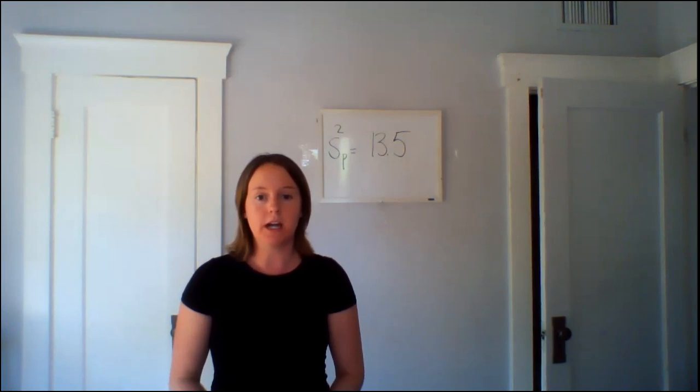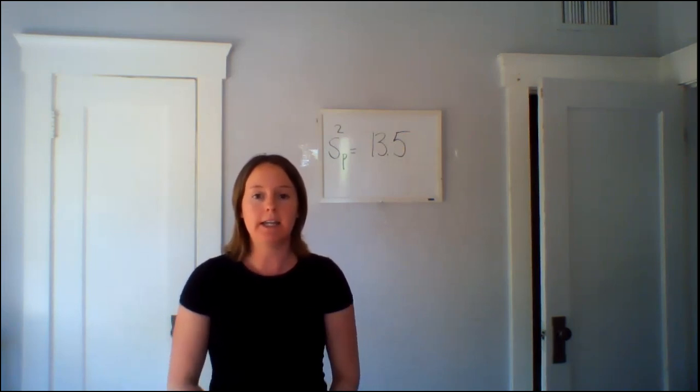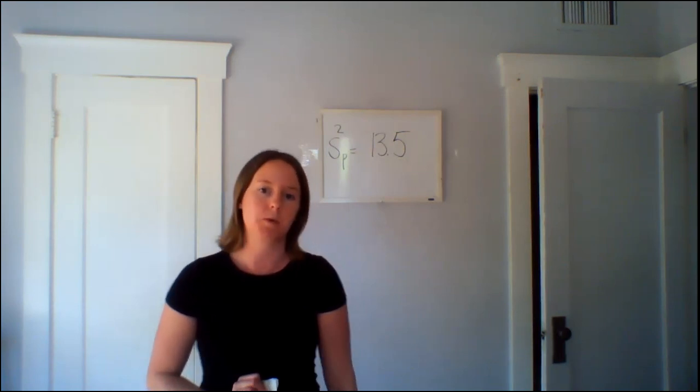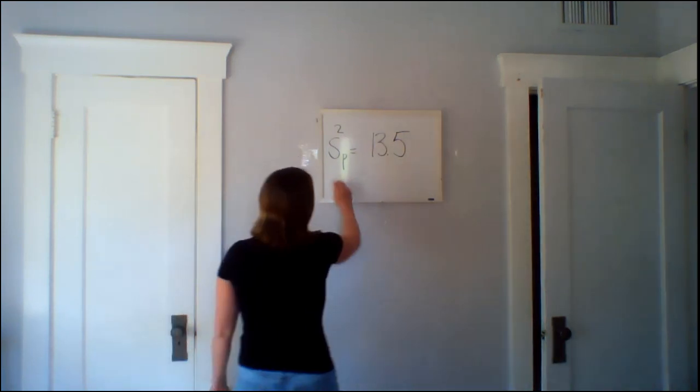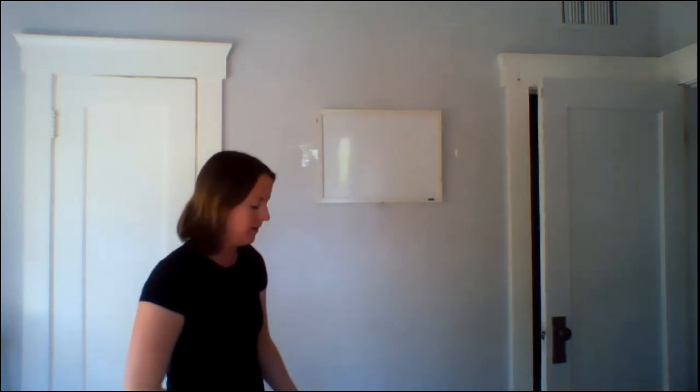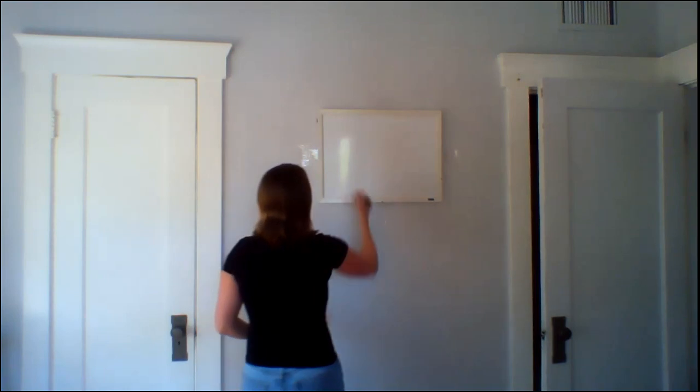Now that we have the pooled variance, we can go ahead and calculate the estimated standard error for the mean difference between groups 1 and 2. This is going to simply be our error term that goes in the denominator of our t-statistic. So how do we calculate that?